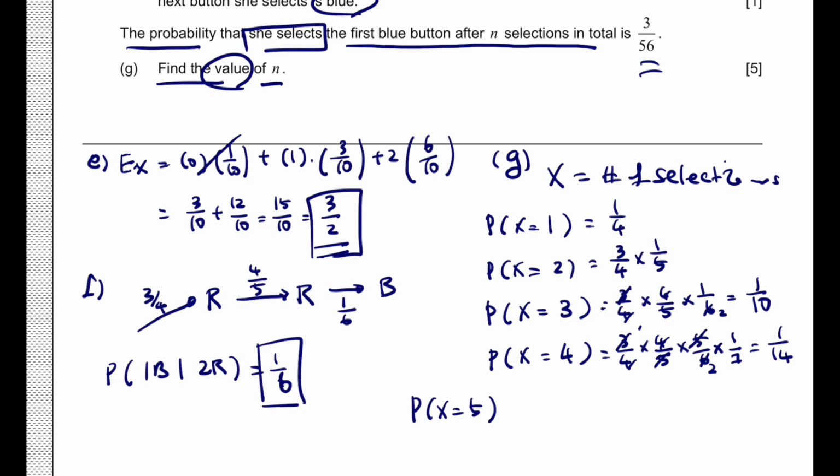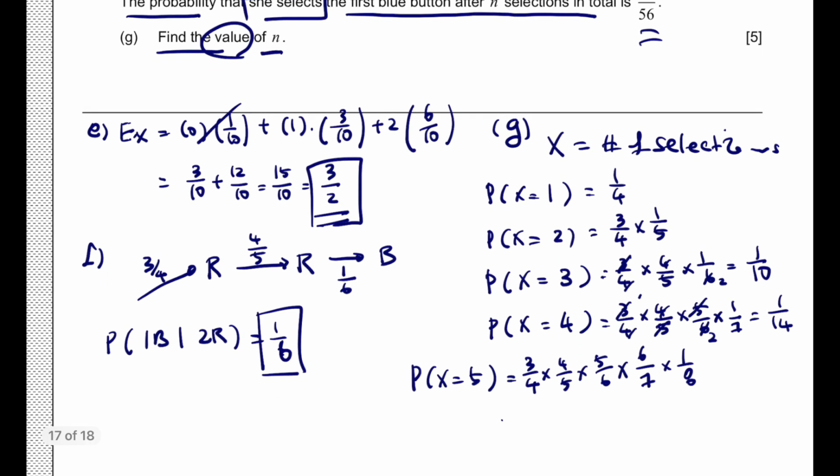Okay, then if we select 5 buttons and choose the blue button as the last one, we get 3 over 4 times 4 over 5 times 5 over 6 times 6 over 7 times 1 over 8. When you do this, the 6s, 4s and 5s all get simplified, and we end up with 3 over 56, right?